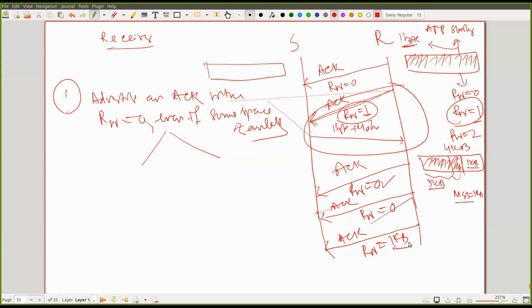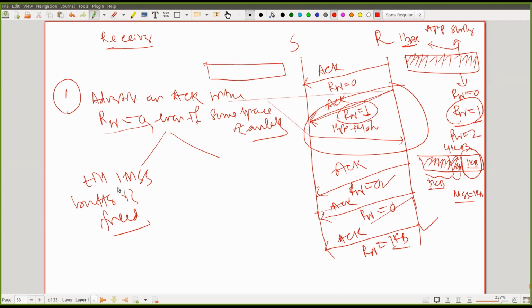That means when the free space available at the receiver buffer becomes 1 MSS, I should advertise the actual window size. So till 1 MSS of buffer is freed at the receiver, I advertise the window size from the receiver end to the sender end as 0.